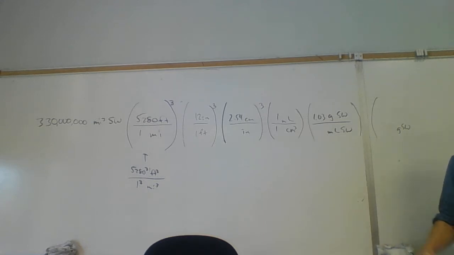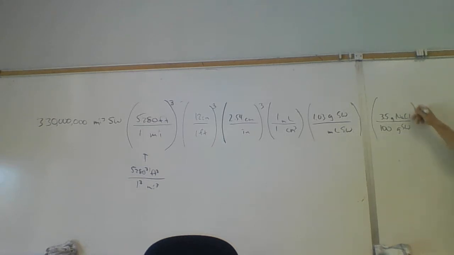And what is the conversion here? 3.5 grams of pure sodium chloride per 100 grams of seawater, which is a mixture. So for every 100 grams of seawater, we have 3.5 grams of pure sodium chloride. Okay, and then where?